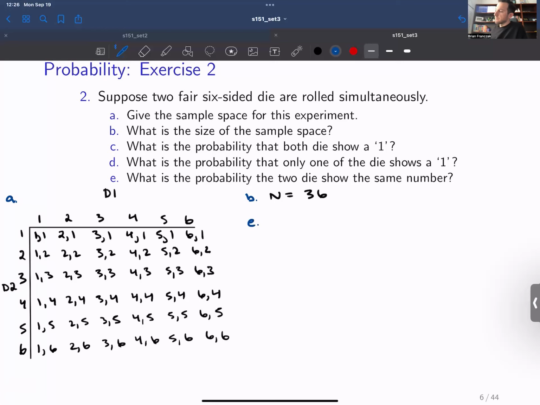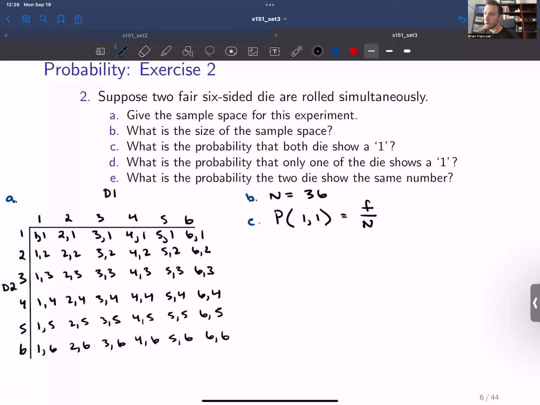Okay, now we're working on basic probability problems. What is the probability that both die show a 1? Here we can write the probability that we observe a 1 and a 1 is equal to little f over capital N, our fundamental probability.